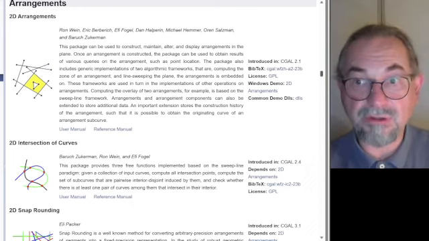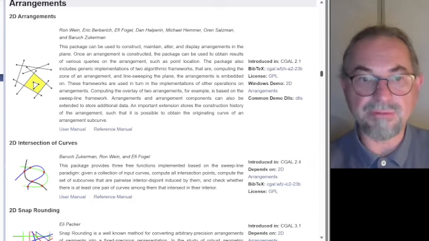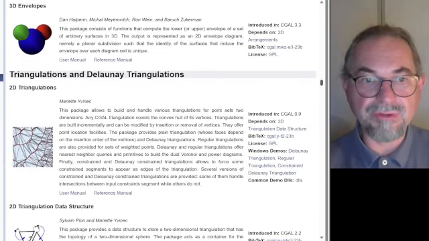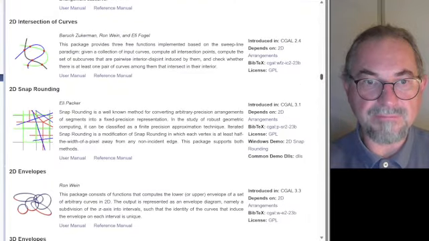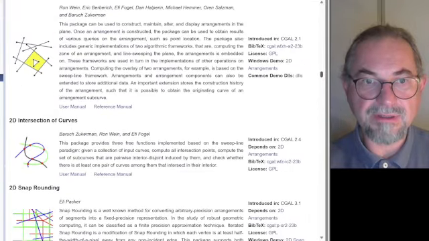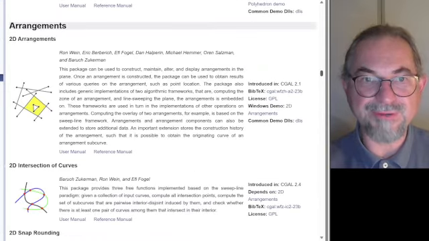We have already covered subdivisions defined by line segments. These are the trapezoidal maps. But now we look at the arrangements of lines. And I'm a little bit confused because there are no line arrangements.